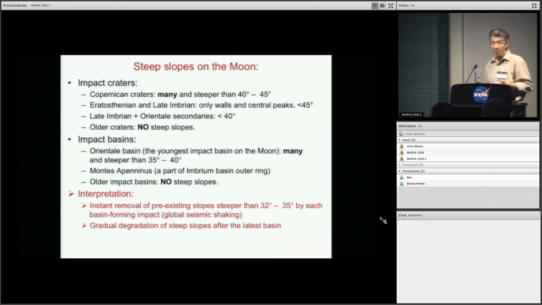This occurs due to global seismic shaking. That's why we don't see steep slopes that predate the latest basin-forming impact, which is Orientale basin impact. Then, after Orientale impact, we see gradual degradation of the steepest slopes. 45-degree slopes are only for the youngest craters. This is our interpretation of what we see.